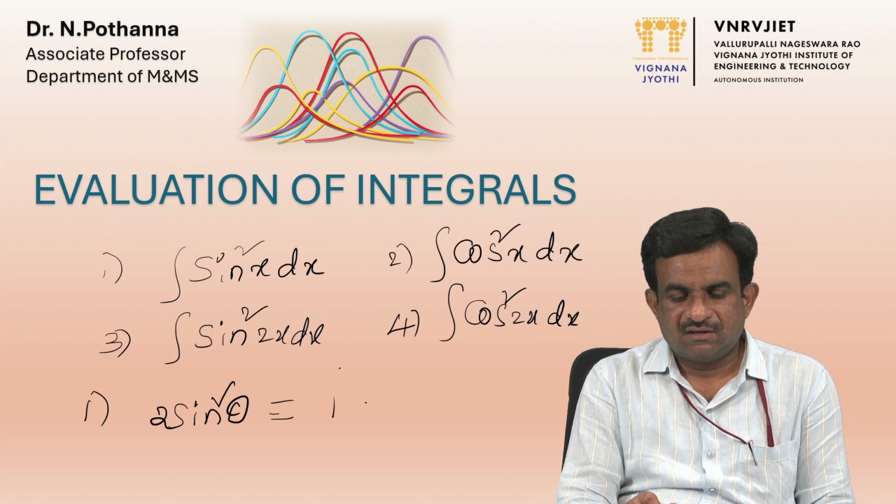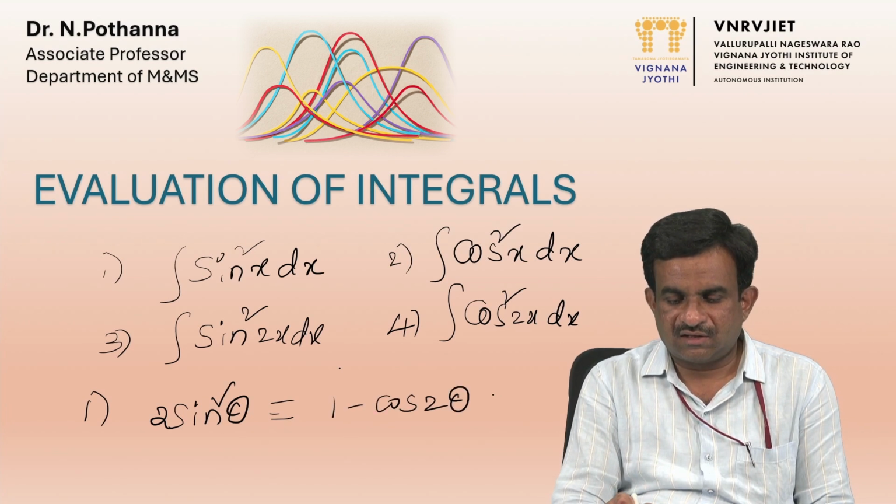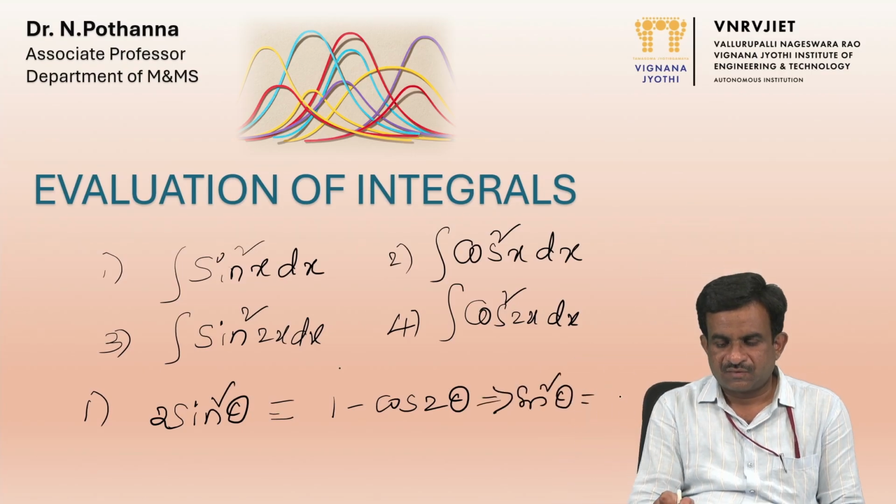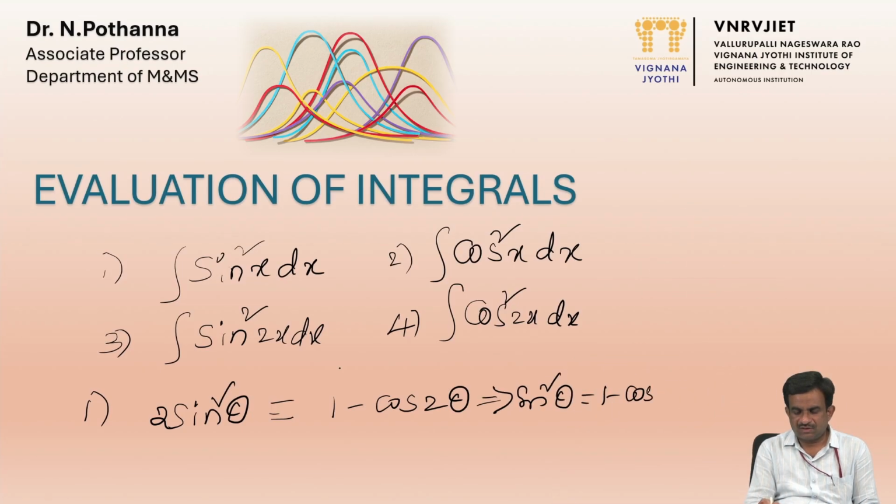That is, 2 sin square theta is 1 minus cos 2 theta, or we can also write sin square theta is equal to 1 minus cos 2 theta divided by 2. Suppose I want sin square x. If I want sin square x, just replace theta with x here. So we can write this as 1 minus cos 2x by 2.